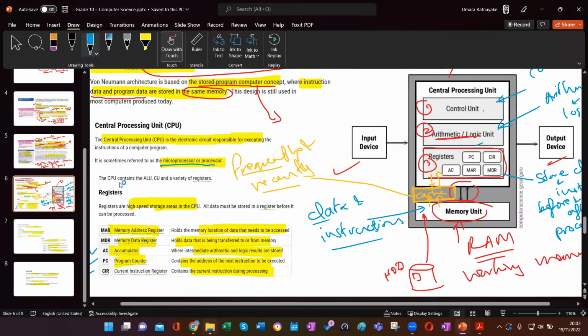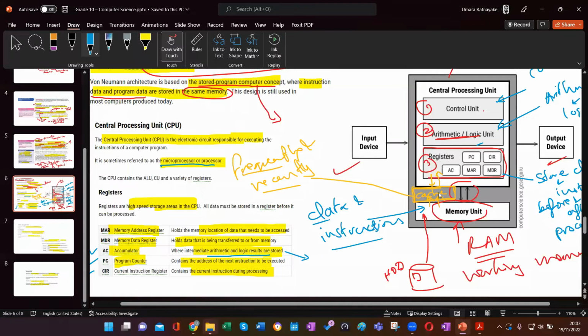right? You get the accumulator, and as the name says, accumulator, accumulate means collecting, right? Accumulator, where the intermediate arithmetic and logic results are stored. That means the job of this is to store the data and instructions before they are being processed by the ALU, before and after, right?